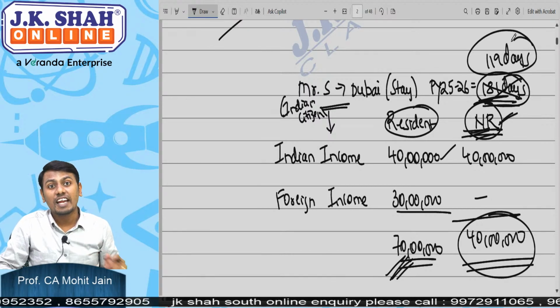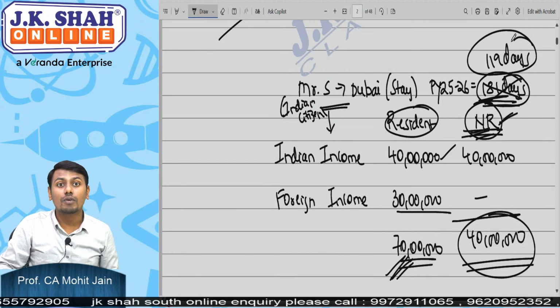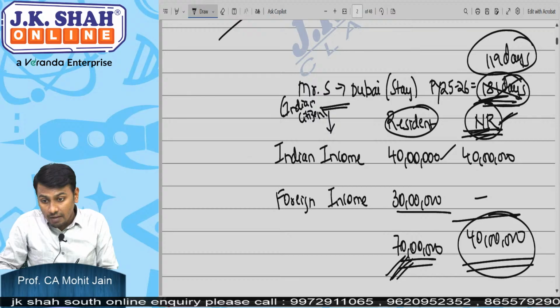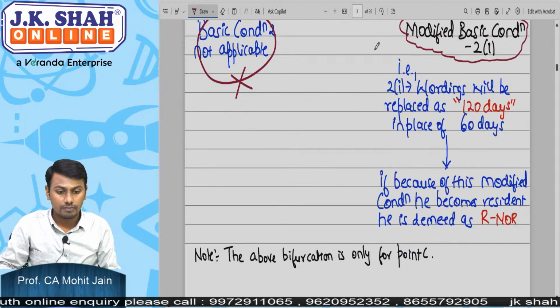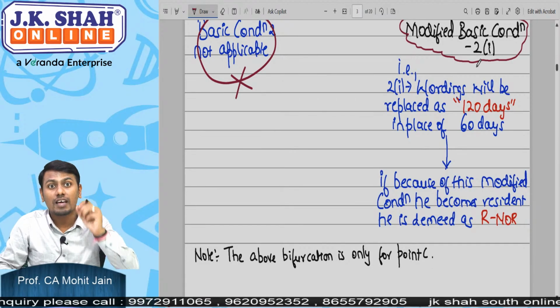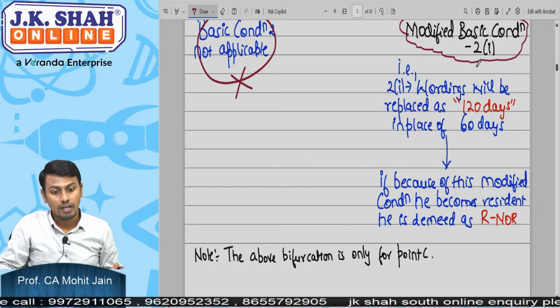Earlier, I could stay in India for what? 181 days. But now I'll have to stay in India for what? 119. And if because of this modified basic condition number 2, sub condition number 1, you become a resident of India, then no need to check additional condition also.